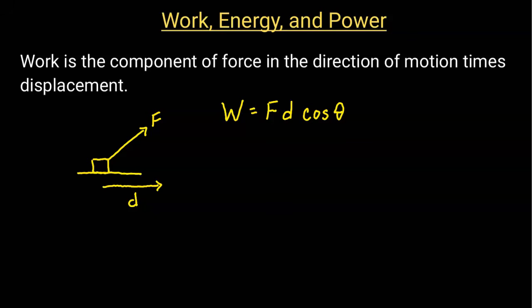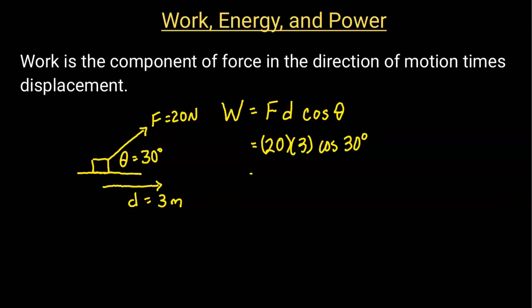So let's say that this force is 20 newtons, and the displacement is 3 meters, and our angle theta is 30 degrees. To calculate the work, it's just going to be 20 times 3 times cosine 30 degrees. Rounded, that's 52 joules.